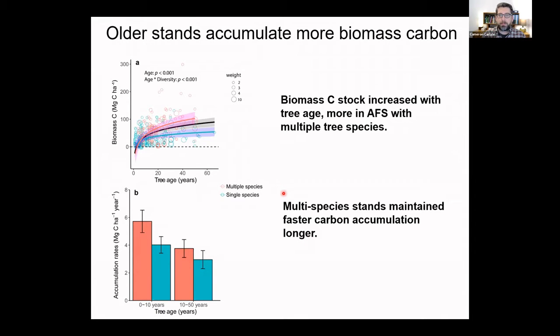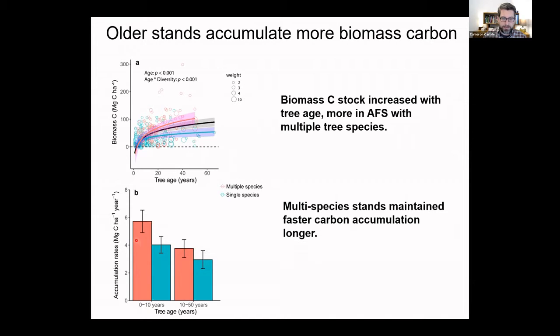And then the other thing that came out of that is that the pattern continues through time. And so in the top figure here, if you look at the pink line, that is showing that biomass carbon increases at a faster rate when there's more than one species versus a monoculture system.